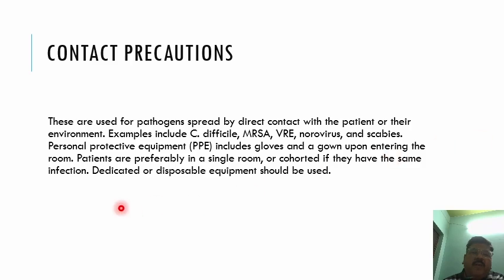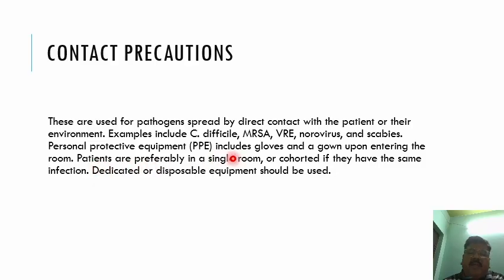So, first is the contact precautions. They are used for the pathogens spread by direct contact with the patient or their environment. For example, Clostridium difficile, MRSA, that is methicillin-resistant Staphylococcus aureus, vancomycin-resistant Enterococci, norovirus, and scabies. So here personal protective equipment is very important, including gloves and gown upon entering the room.